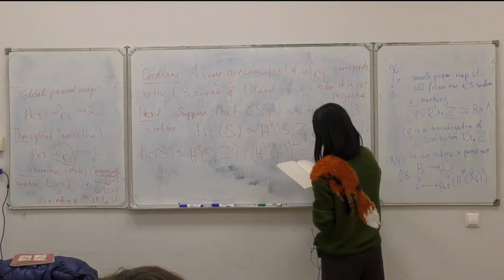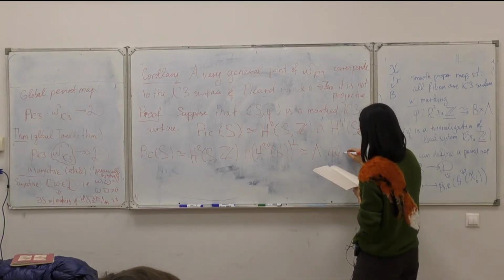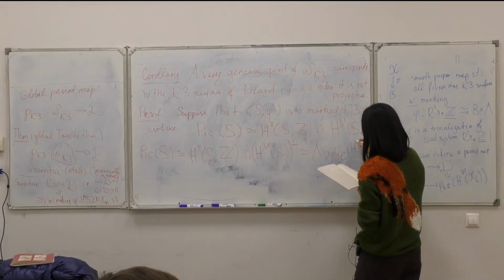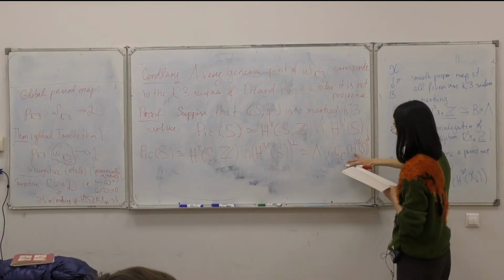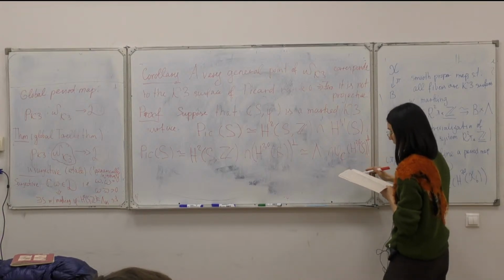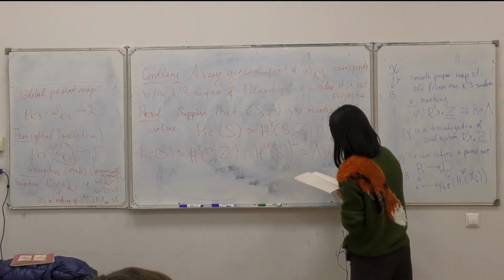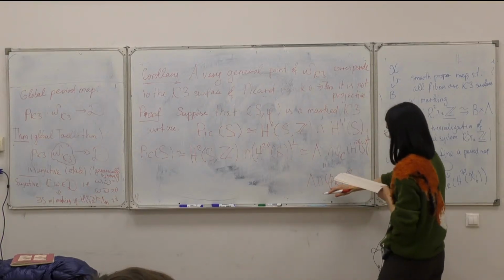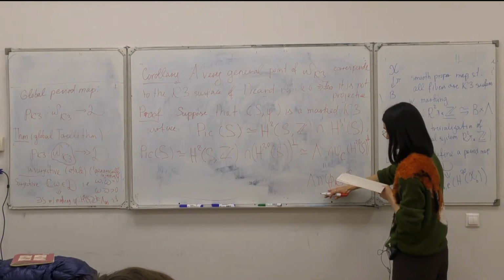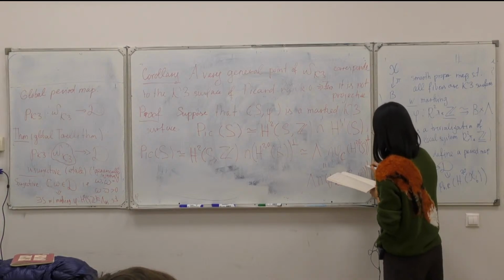and this is, using our marking, an intersection of the lattice with the orthogonal to the image under the marking of the H^{2,0} part, and this is the image of the corresponding global period map of this point.